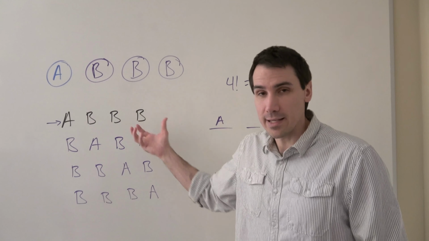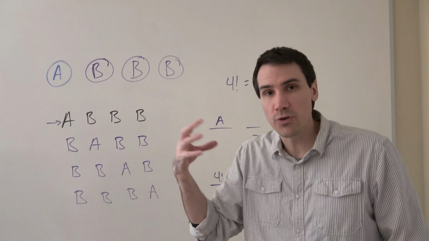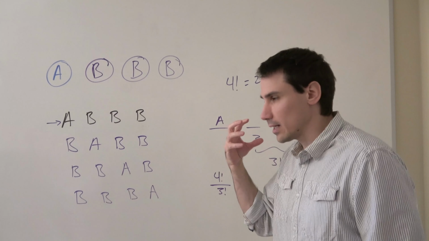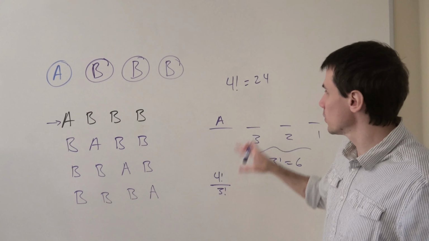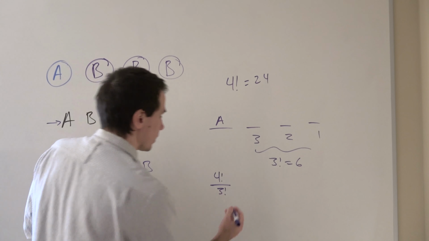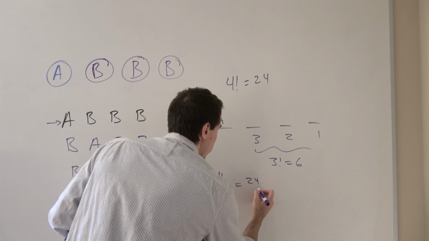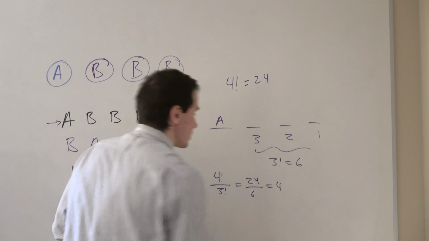So for every state, when I did this 24, I have over-calculated the number of unique states by a factor of 3 factorial. So my total number of states is 4 factorial over 3 factorial, which is 24 divided by 6, which is 4 states, just like I said here.